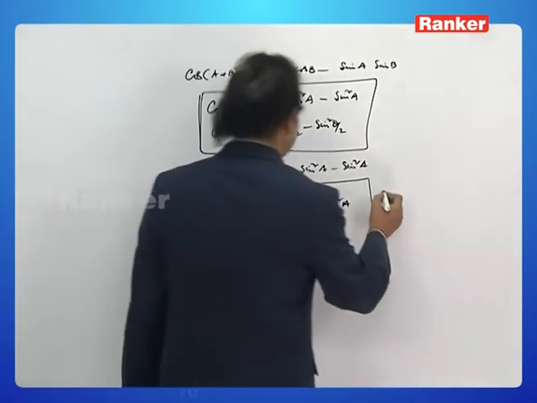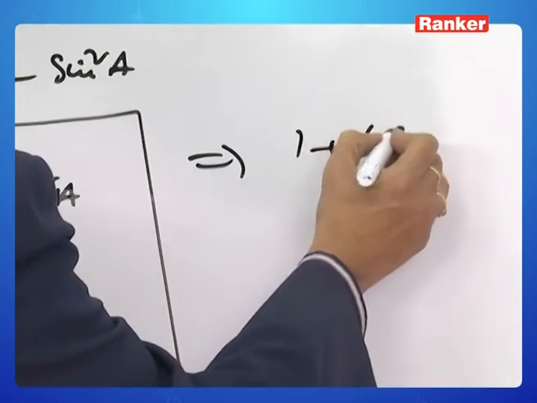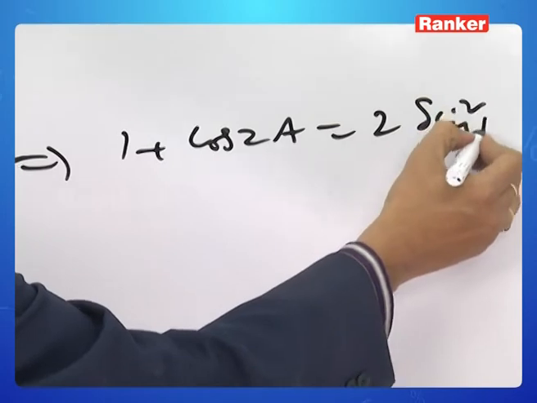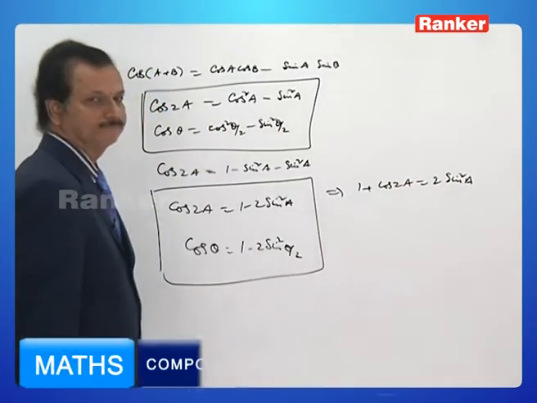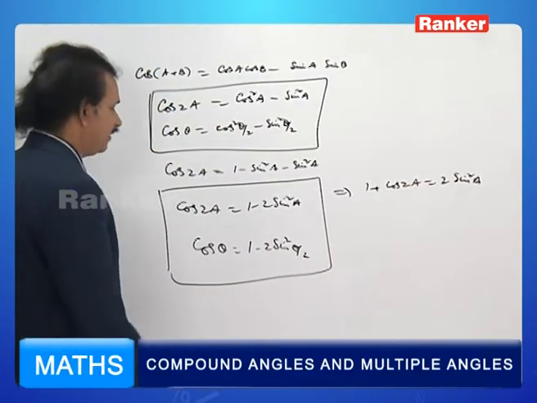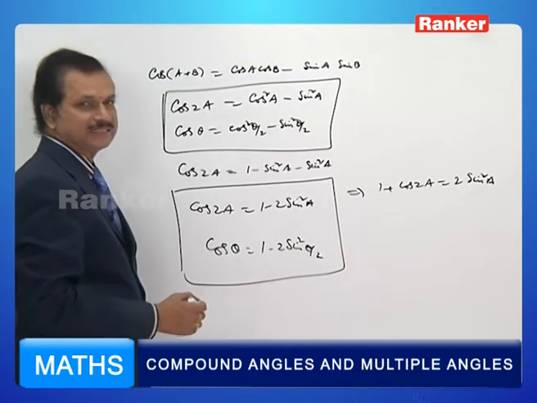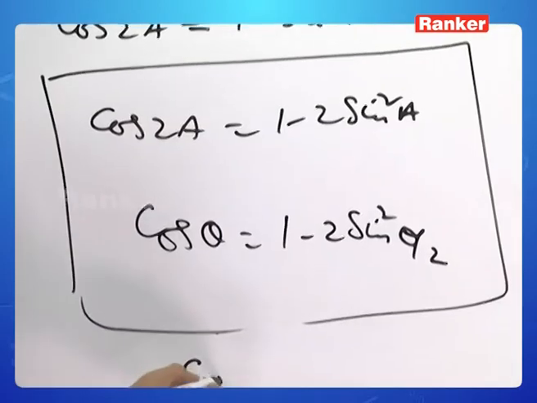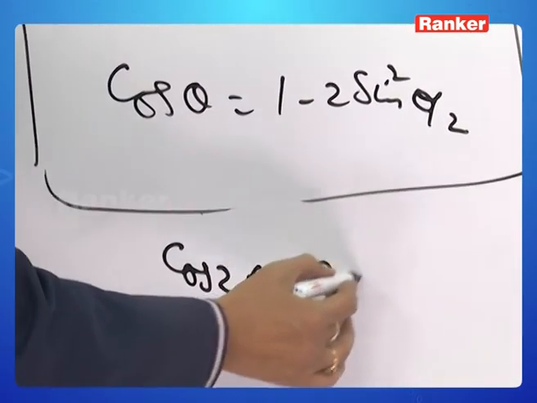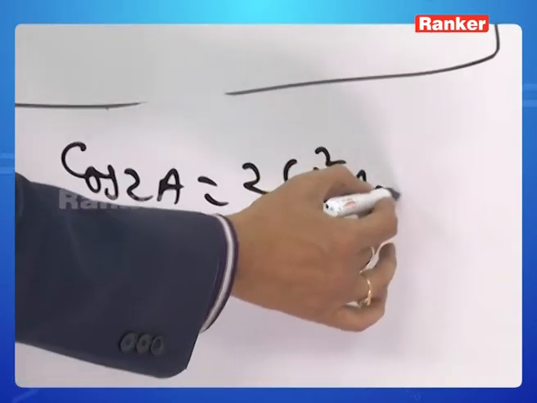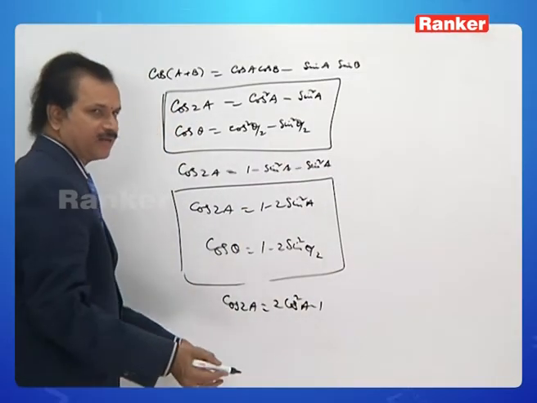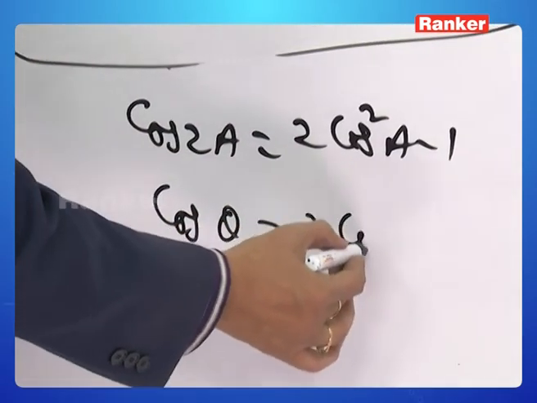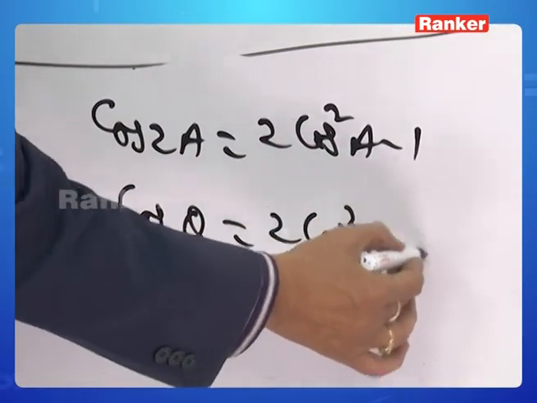Also from this, 1 plus cos 2A is equal to 2 sin square A. Well, previously you have written cos square A as 1 minus sin square A. You replace sin square A by 1 minus cos square A, so that we have cos 2A is equal to 2 cos square A minus 1. And if you replace theta by 2 in the place of A, we have cos theta is equal to 2 cos square theta by 2 minus 1.